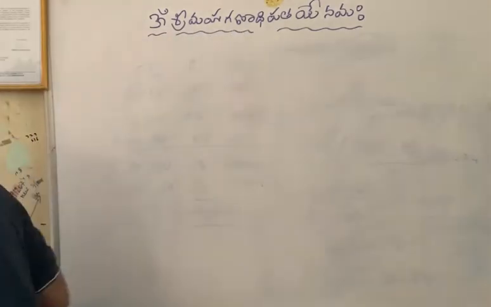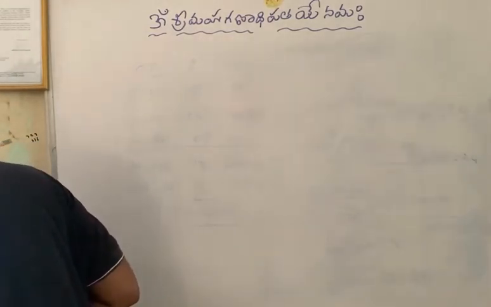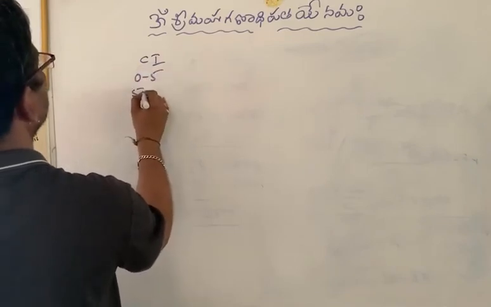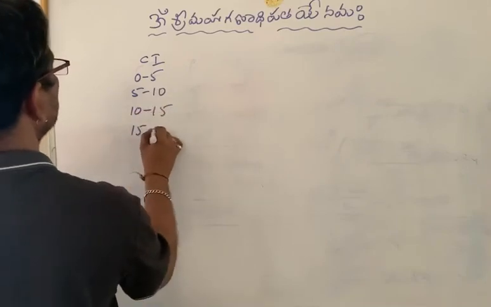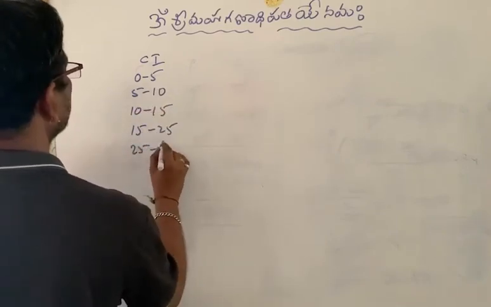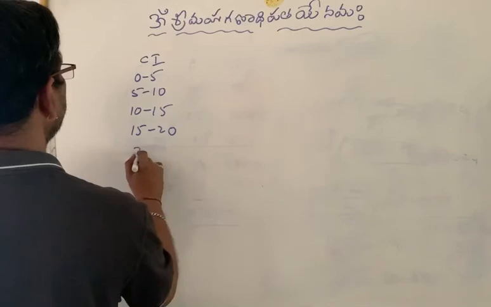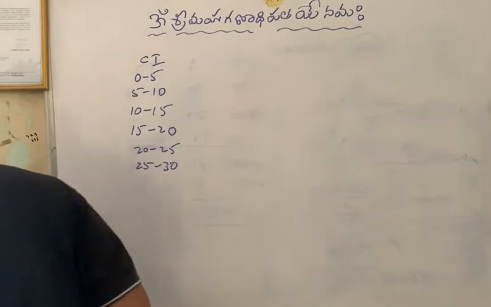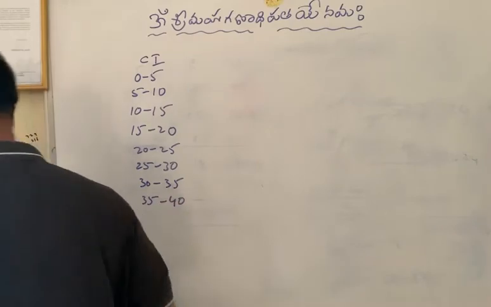Now, let us consider an example. Here, class intervals 0 to 5, 5 to 10, 10 to 15, 15 to 20, 20 to 25, 25 to 30, 30 to 35, 35 to 40.